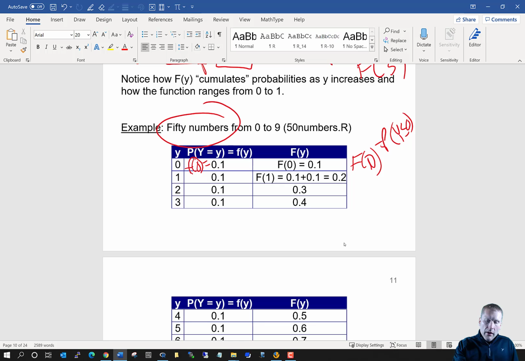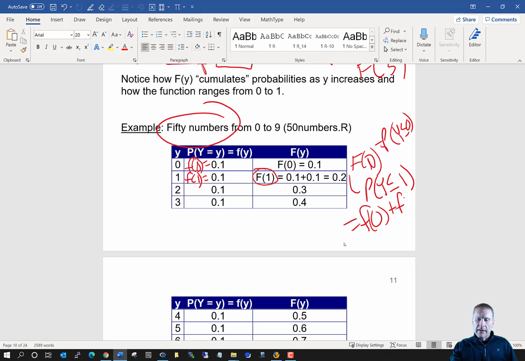When little y was equal to 1, little f of 1 is equal to 0.1, then capital F of 1, the probability that capital Y is less than or equal to 1, is in other words little f of 0 plus little f of 1.